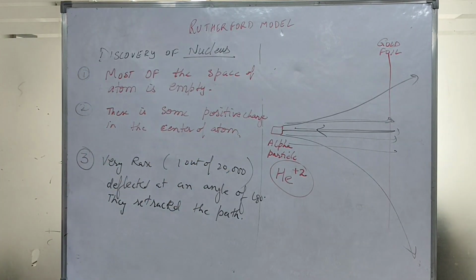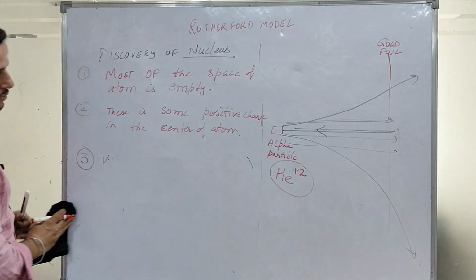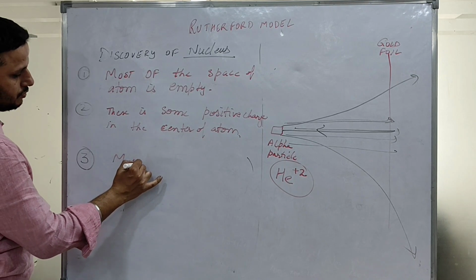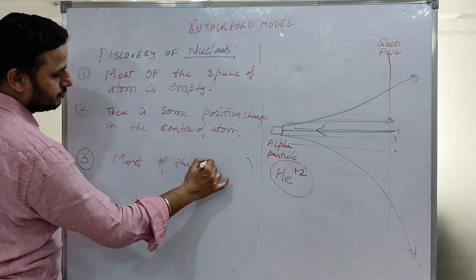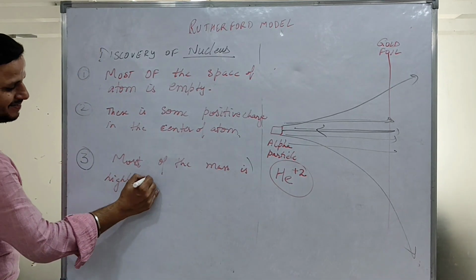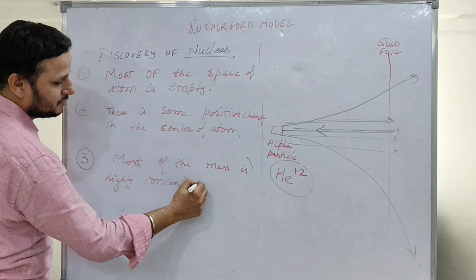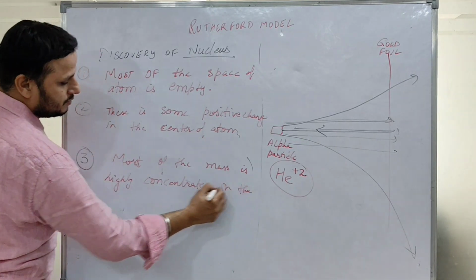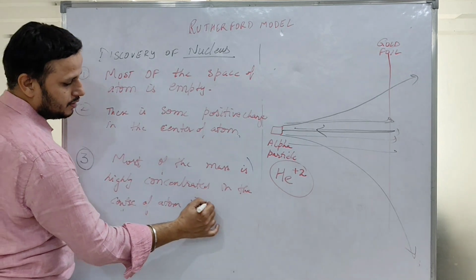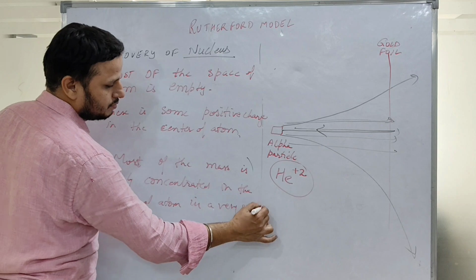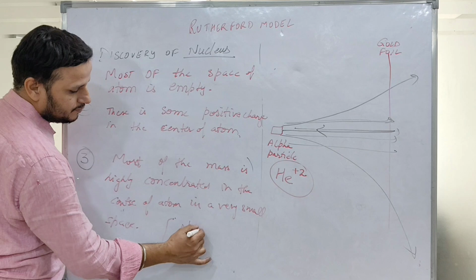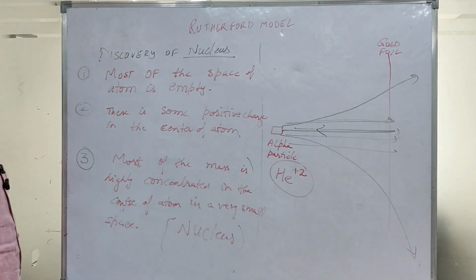And very rare, this shows that most of the mass is highly concentrated. This is the most important point: it is highly concentrated in the center of the atom in a very small space, and he named it the nucleus. This led to the discovery of the nucleus.